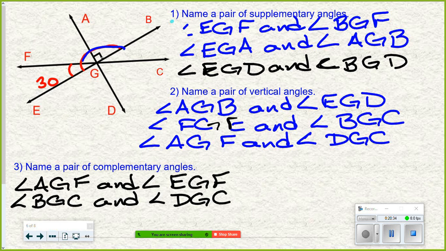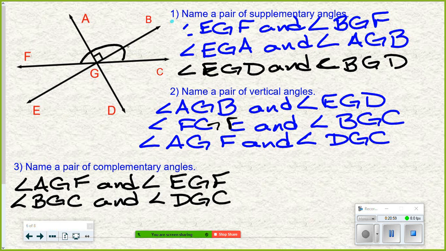You just take any 180 degree angle. I've never thought of it this way, but if I take this one, from here to here is 180, right? So then I just need to split that up into two pieces, any two pieces I want.